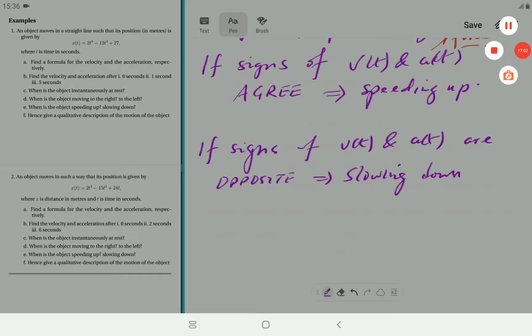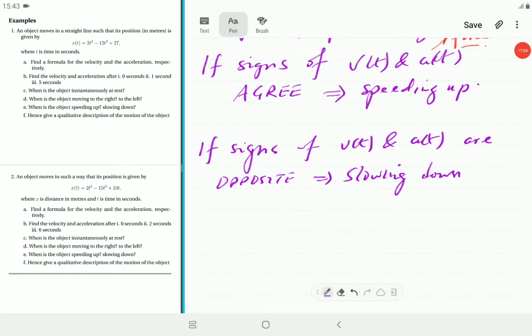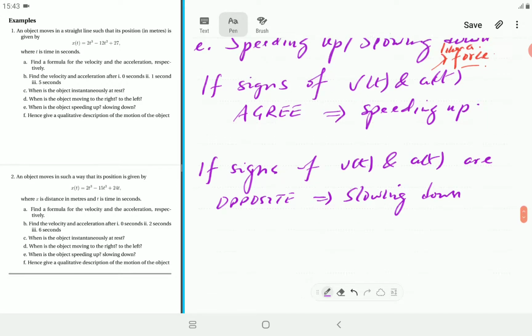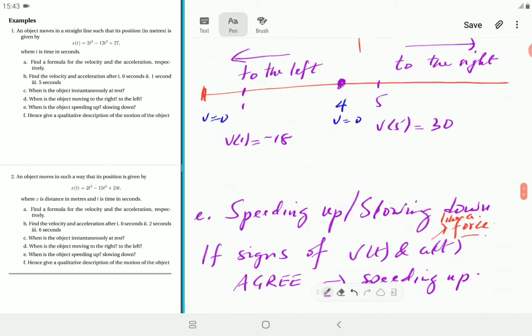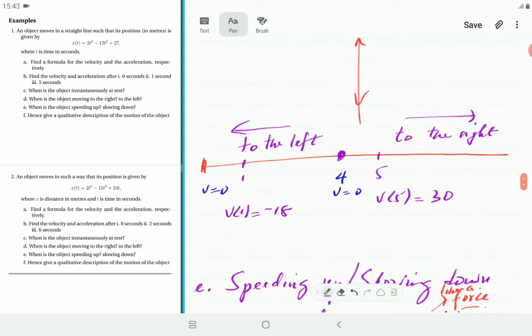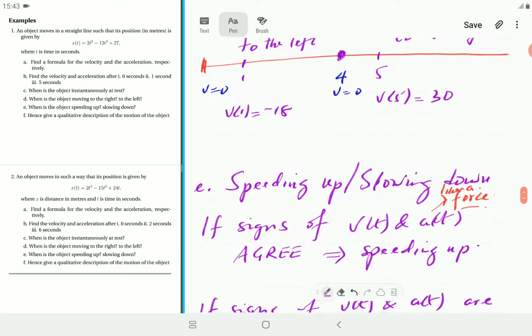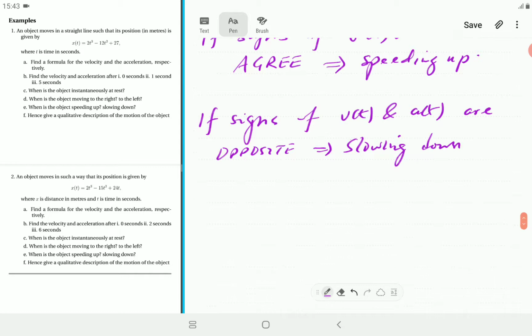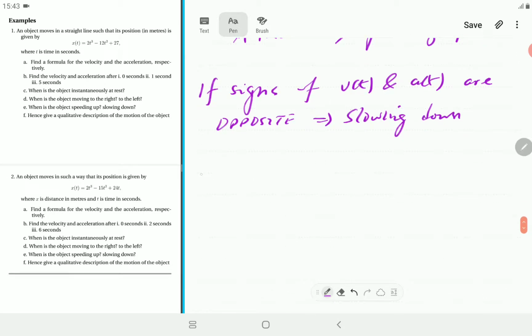All right, so to answer question E, we need to superimpose the sign diagram of the velocity over that of the acceleration. The velocity we already have, so I'm going to put it here. The velocity changes sign after 4 seconds.